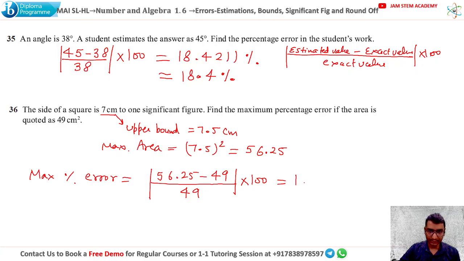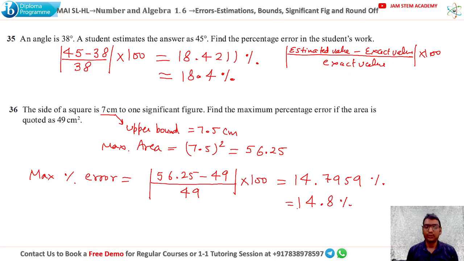It gives me 14.7959 percent. You remember I said we have to write our answer correct up to three significant figures. So take the first 1, 4, and the third significant figure is this. Check the next one, 9, which is more than or equal to 5. So make it 8, round up. So 14.8 is the answer.